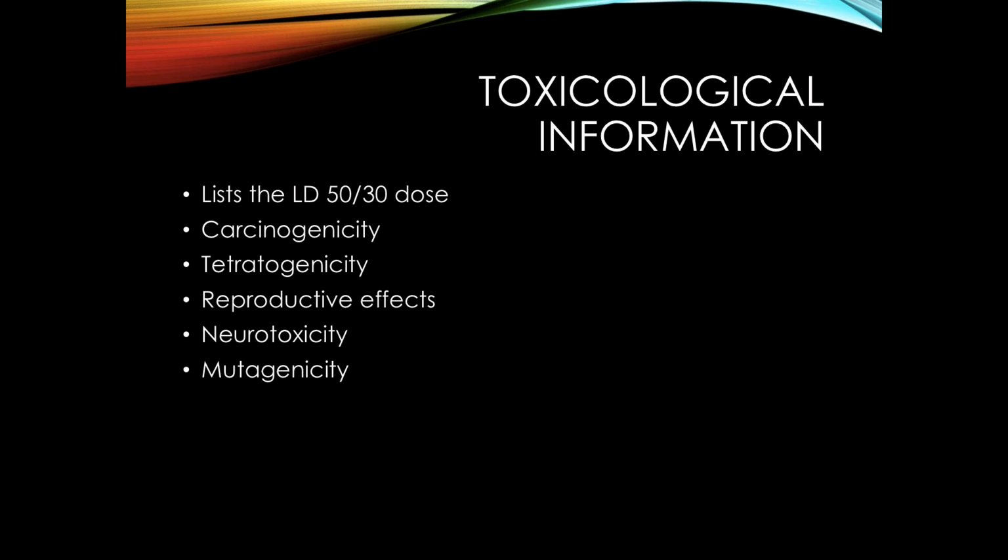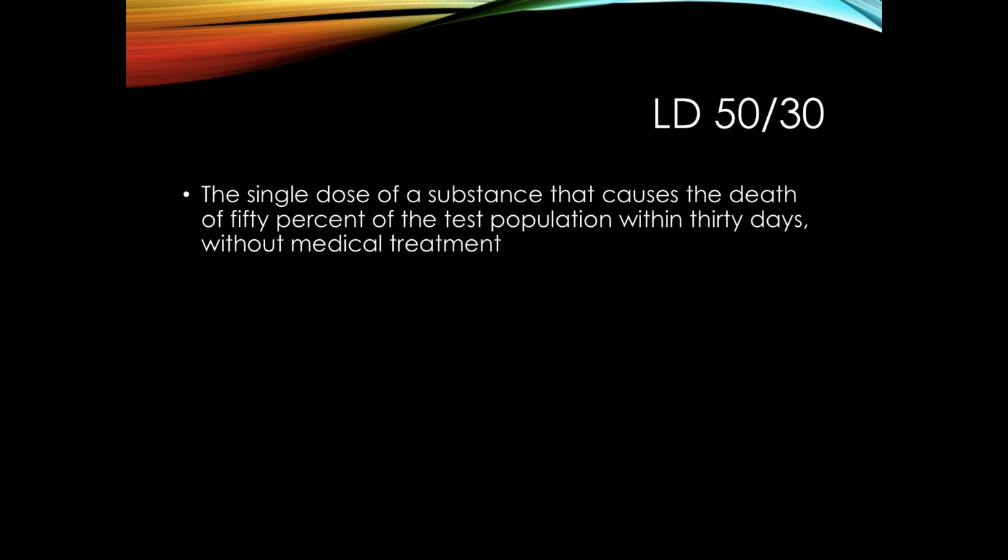It talks about toxicological information. That's the LD50/30 dose, neurotoxicities, mutagenic transformations, reproductive effects, carcinogens, and things like that. The LD50/30 is a single dose of a substance that causes the death of 50% of the test population within 30 days without medical treatment.